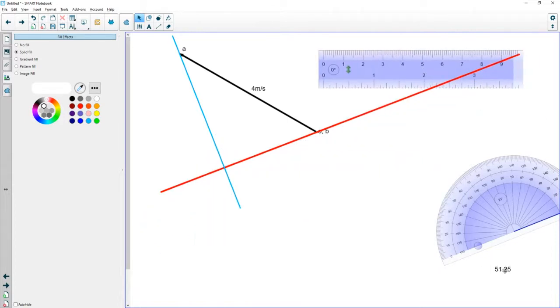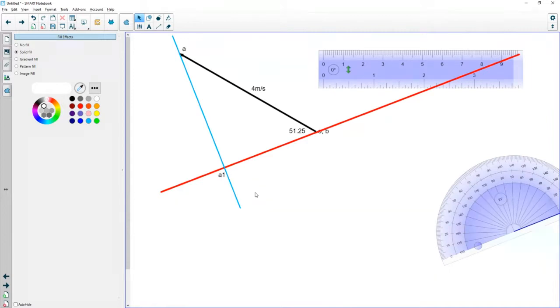So what that means is this angle here is 51.25 degrees. We also know that this angle is 90 degrees. And so what we're going to do is call this point A1.